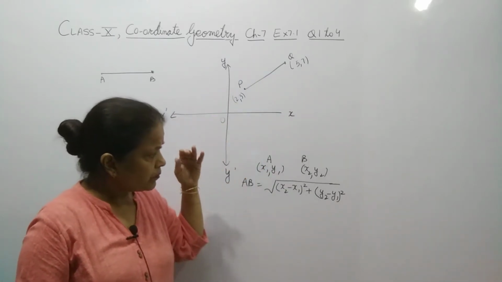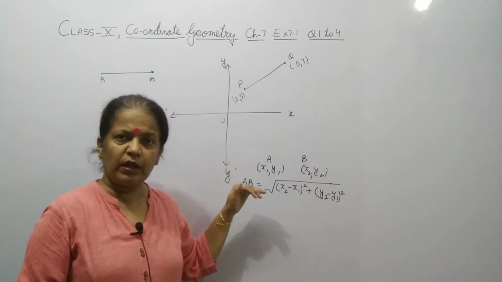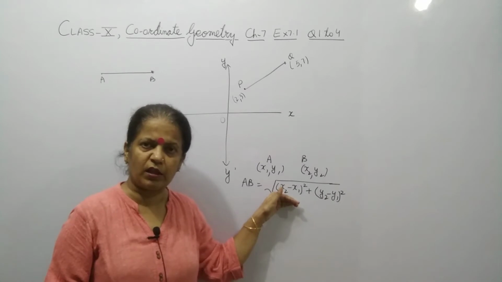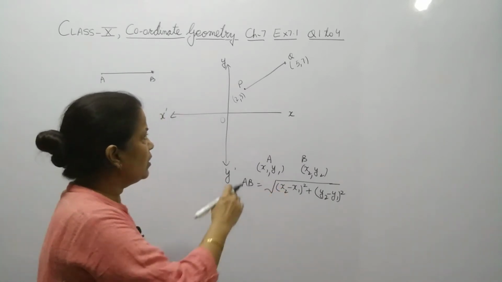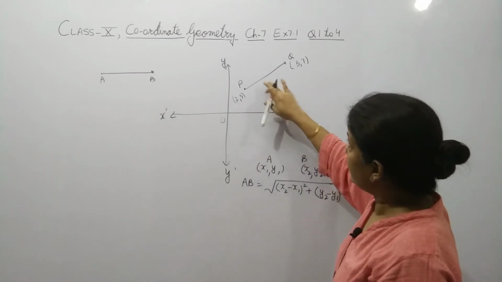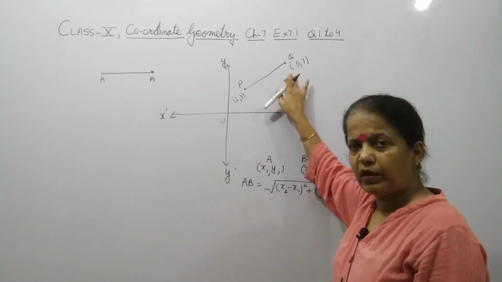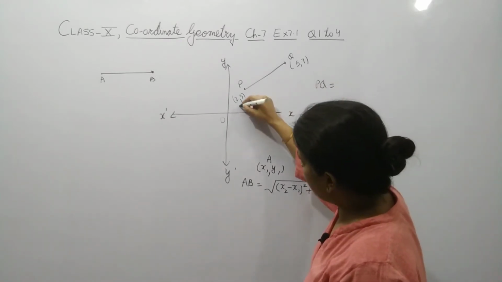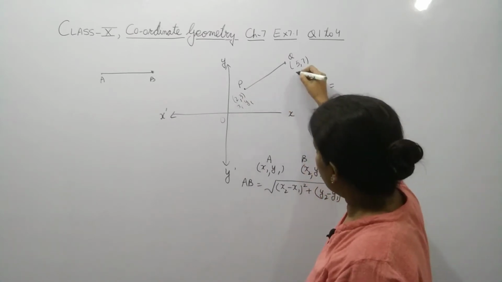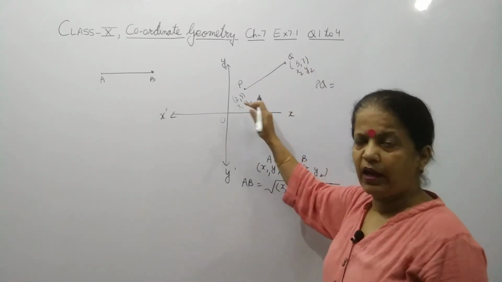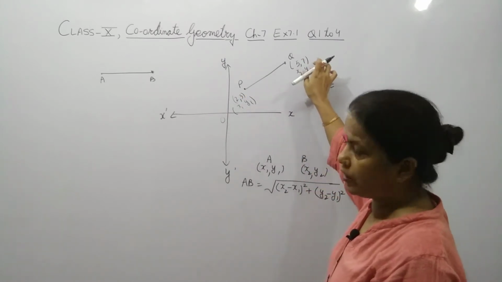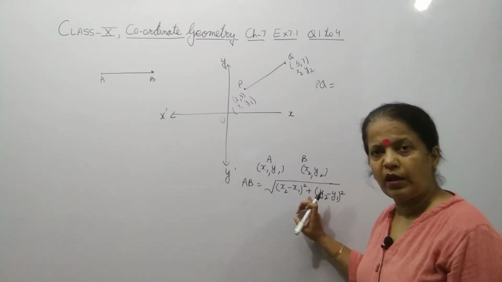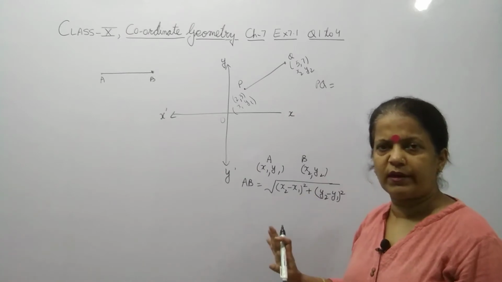Okay, so in this chapter we are going to use this distance formula in exercise 7.1. Now let's have a look at this. If these are the 2 coordinates and you have to find out the distance between these two, so PQ will be, let this be x1, y1 and this be x2, y2. You can assume x1, y1 either this or this also. It's up to you, because after doing the square you will get the same result.